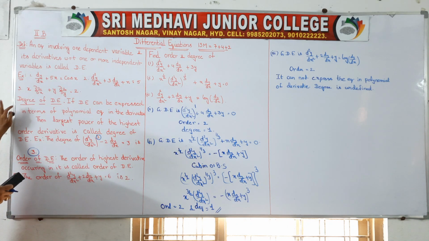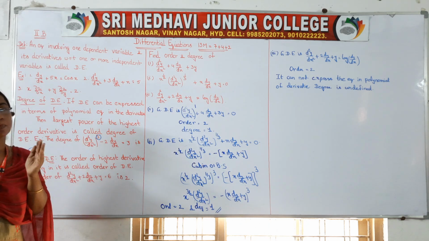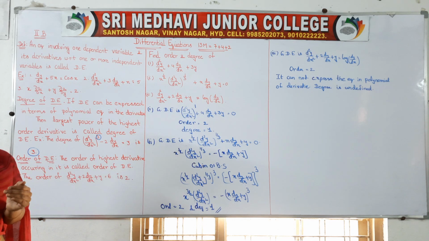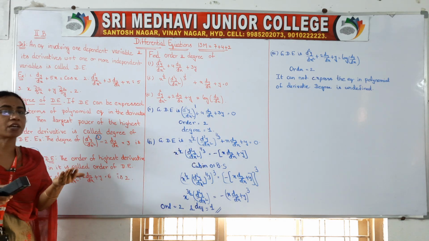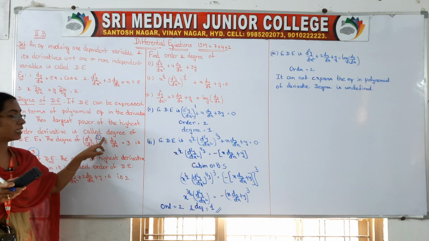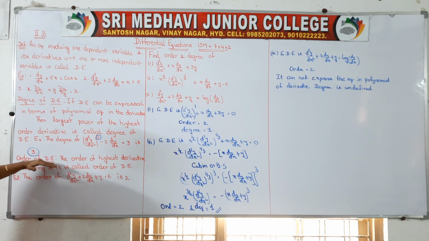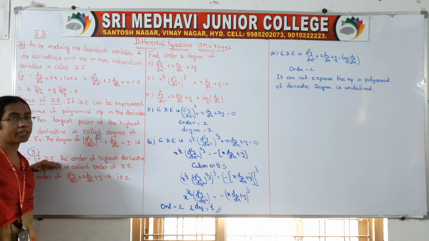Okay, so next come to the degree of a differential equation. If any equation is expressed as a polynomial equation of derivatives, then the power of the highest order term is called its degree. Next, the order of the differential equation.